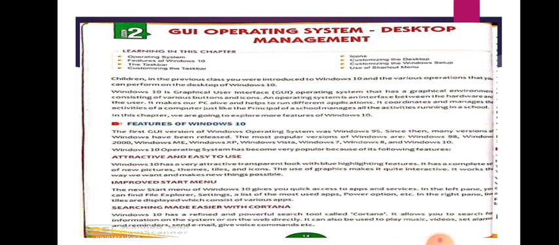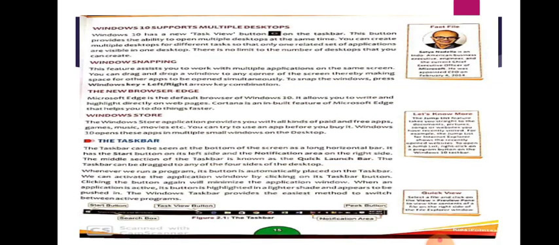Cortana is an inbuilt feature with the help of which you can do things faster. In support of multiple desktops, you can press the Windows key plus the left or right arrow key combination to snap the window, and many more features like that. You can also write and highlight directly on a web page.